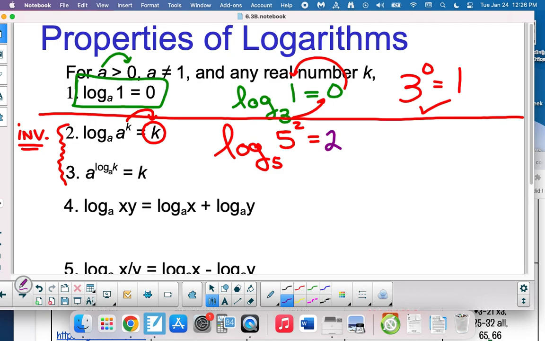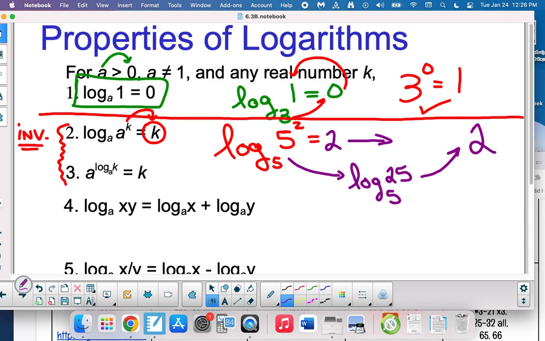Well, what is 5 squared? 25. So really this says log of 25 base 5. And the answer is 2, because 5 to the second equals 25.